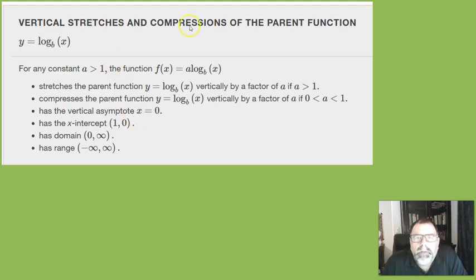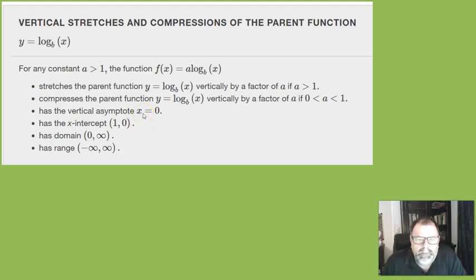Okay, vertical stretches and compressions of the parent function. So for any constant a greater than 1, the function f of x equals a times log base b of x stretches the parent function vertically by a factor of a if a is greater than 1, and then it compresses it if it's between 0 and 1. Okay?